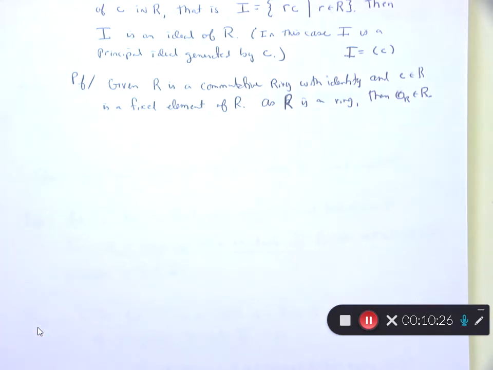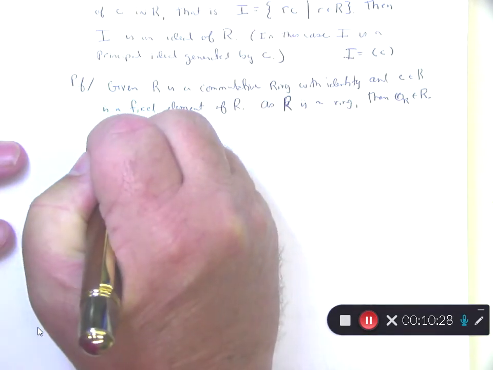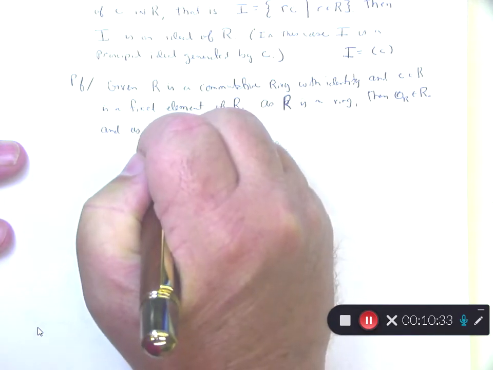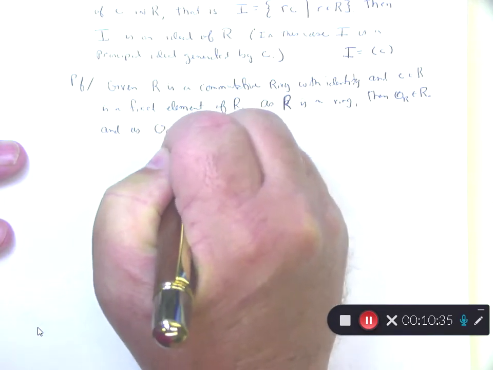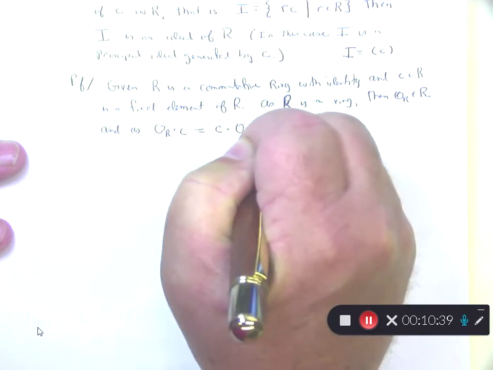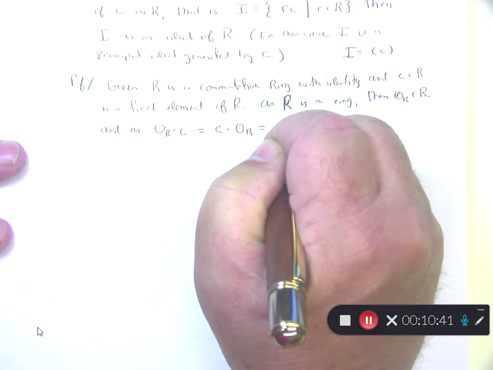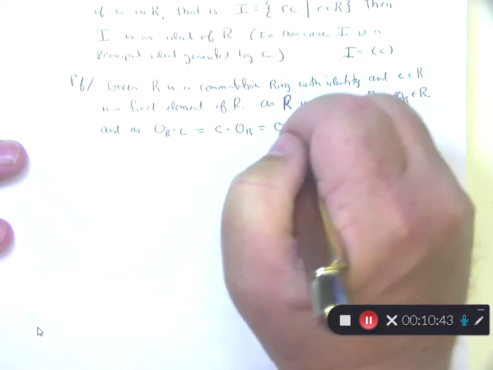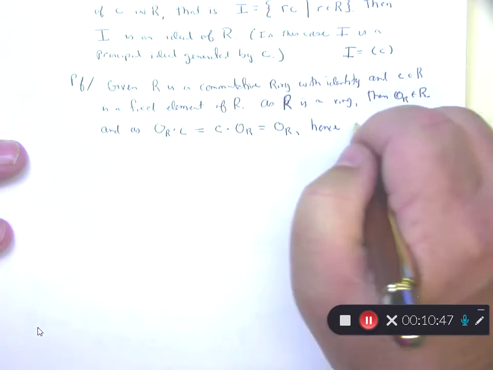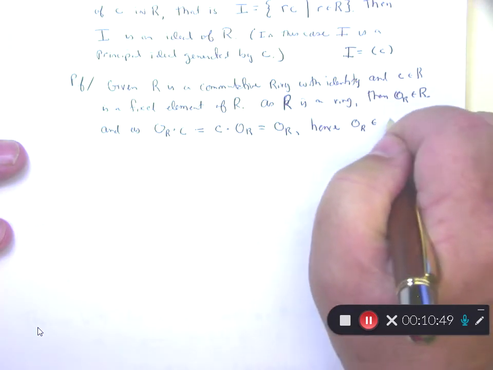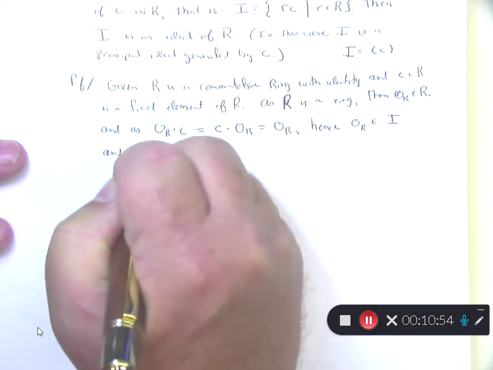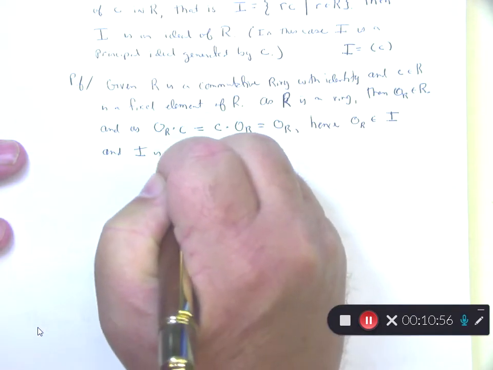Then, as 0 in R times C, that's going to be the same thing as C times 0 in R, which is equal to 0 in R. Hence, 0 in R is an element of I, and I is non-empty.